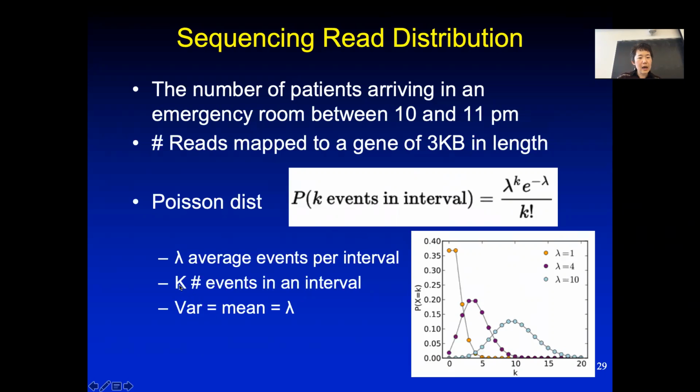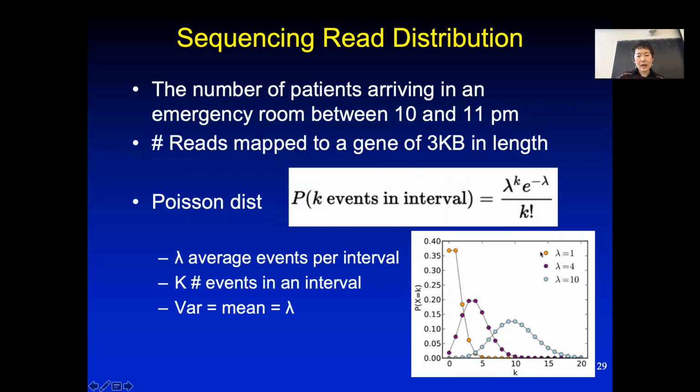But if you ask, what is the chance that in this 1 hour time, supposedly this hospital on average sees 2 people come into the emergency room within an hour, what is the probability that on that day, within that hour, you will see 10 patients coming in? You can use this to calculate the probability.